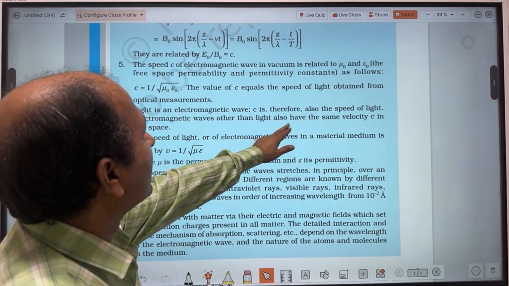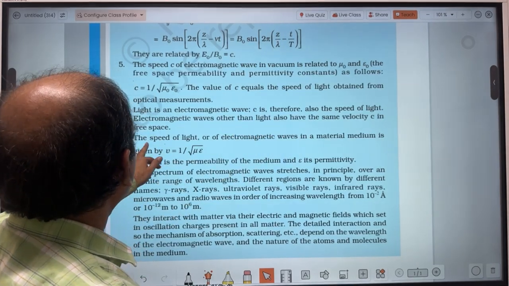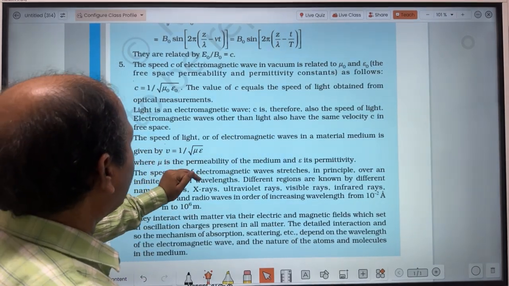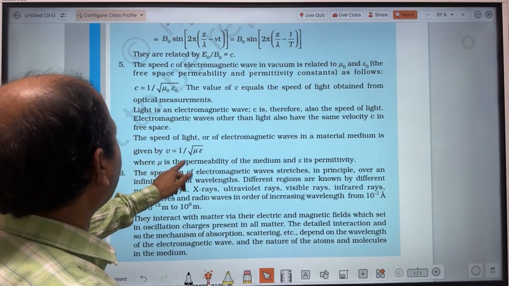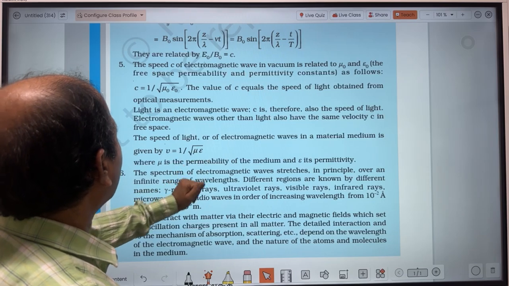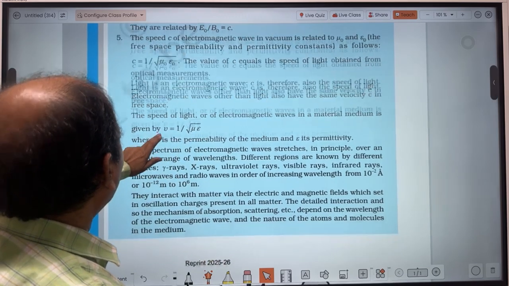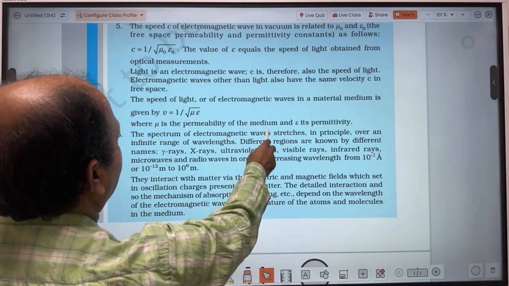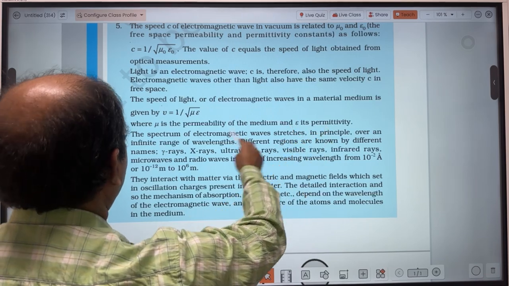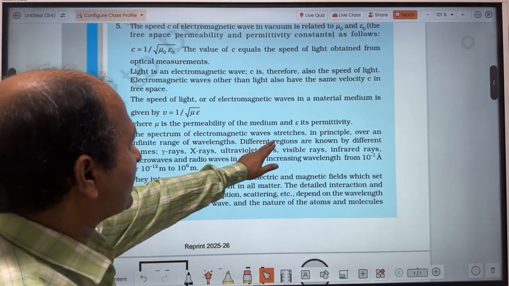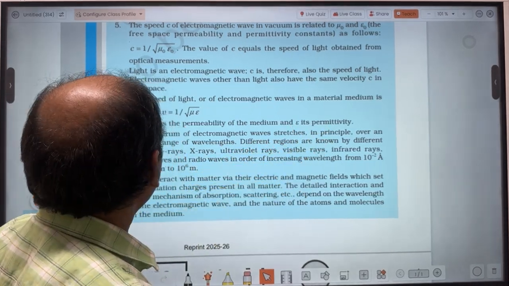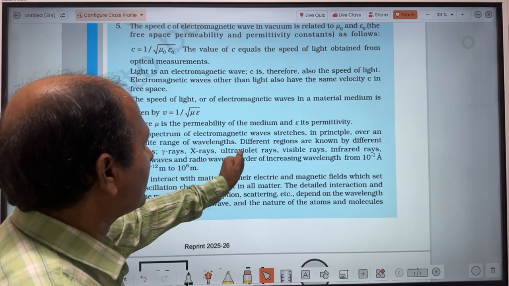Here, electromagnetic waves other than light also have the same velocity c. Now in a medium, v will be given by 1 upon square root of mu epsilon, where mu is the permeability of the medium and epsilon is the permittivity. The spectrum of electromagnetic waves stretches in principle over an infinite range of wavelengths.